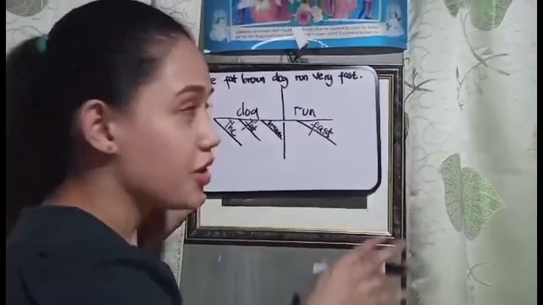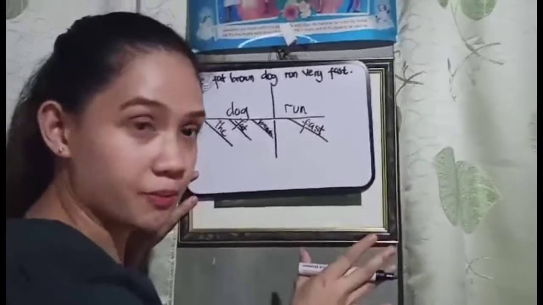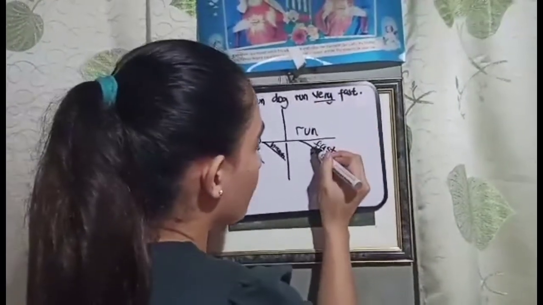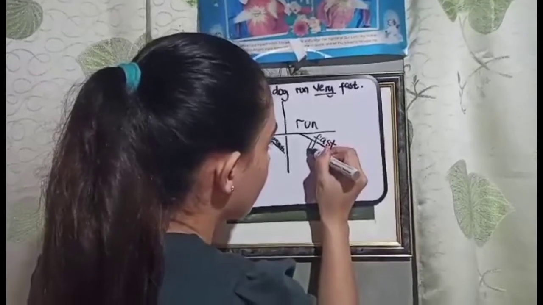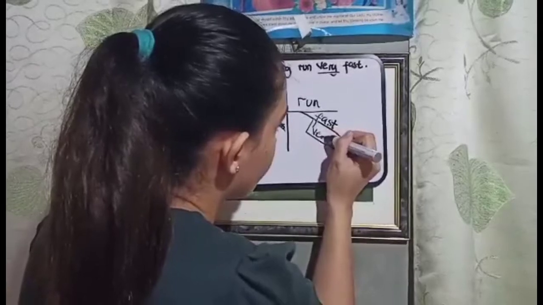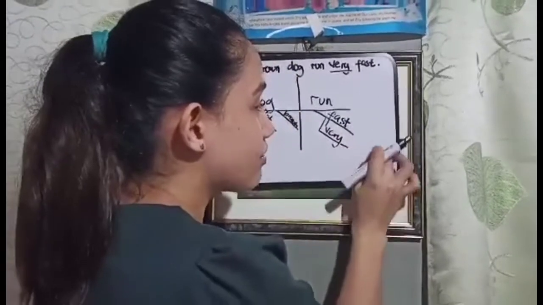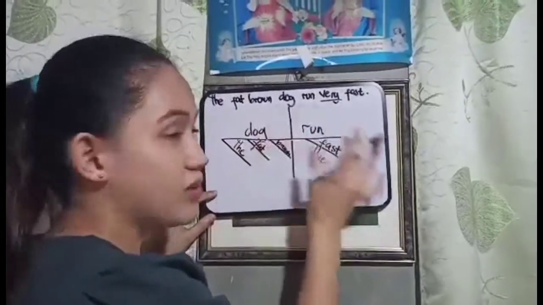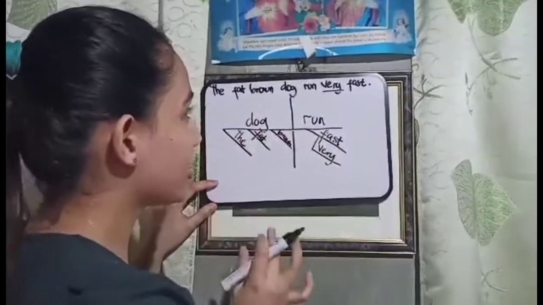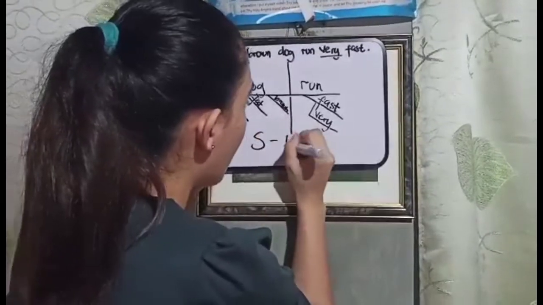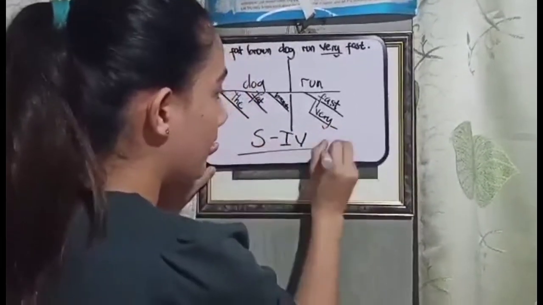But wait, there is another adverb, and that is very. So we are going to put it below the fast. Very, because it describes how fast the dog ran. And the pattern in this sentence is the SIV pattern.